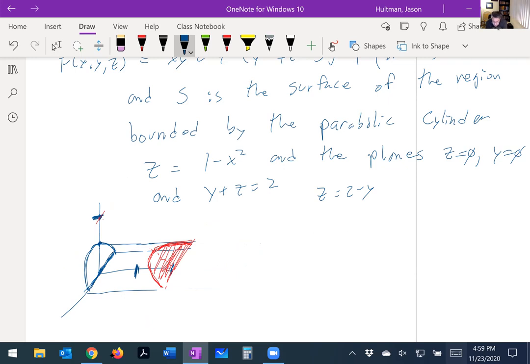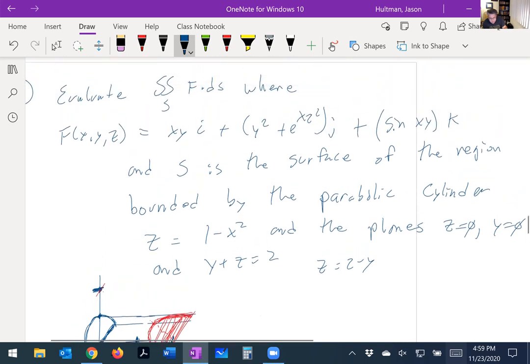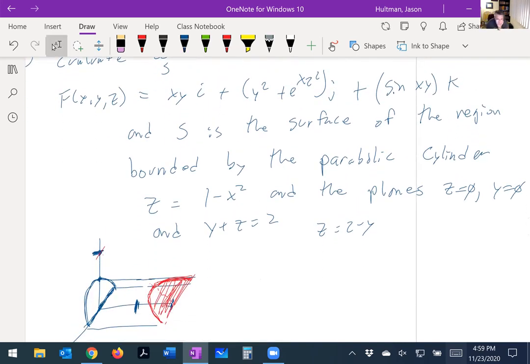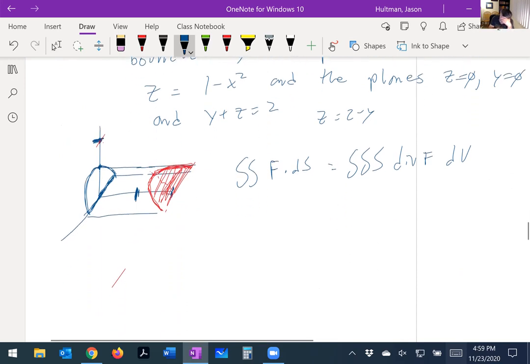And we want to know how we find the surface integral of this thing. Well, the surface integral is going to be equal to the triple integral of the divergence dV.